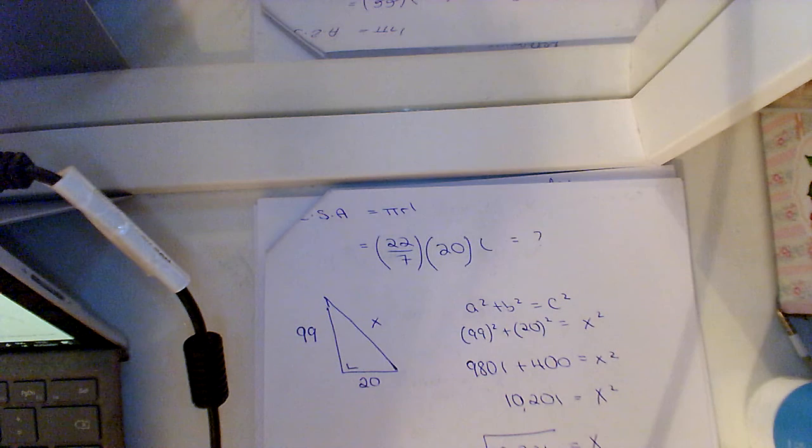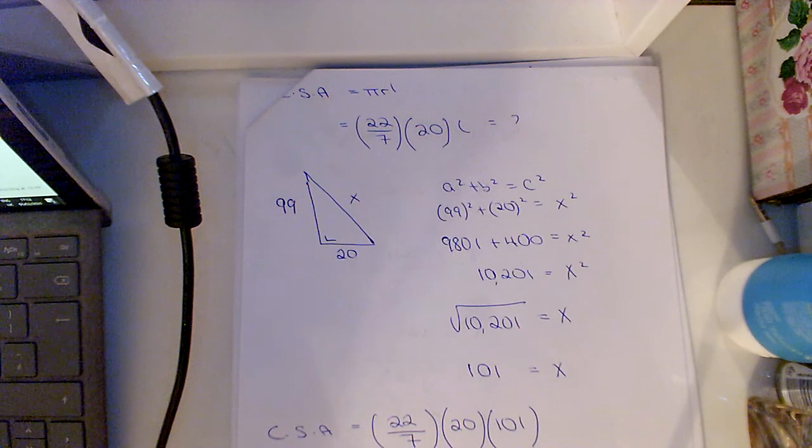So I have 9,801 plus 400 is equal to x squared. 10,201 is equal to x squared, and to find x on its own I get the square root of that, and I get x is equal to 101. That is now my slant height, so I have enough information to fill in my curved surface area.